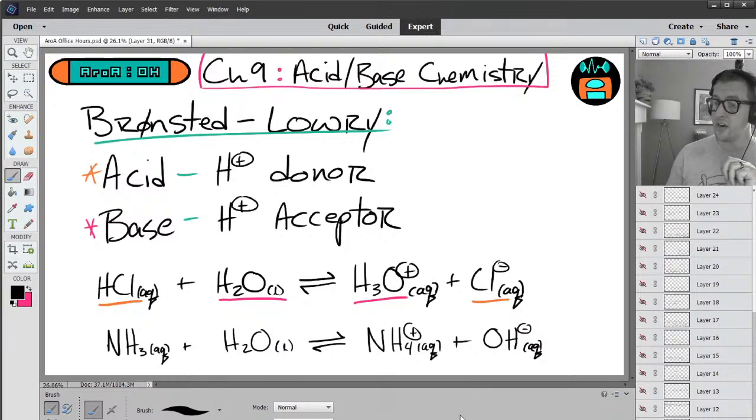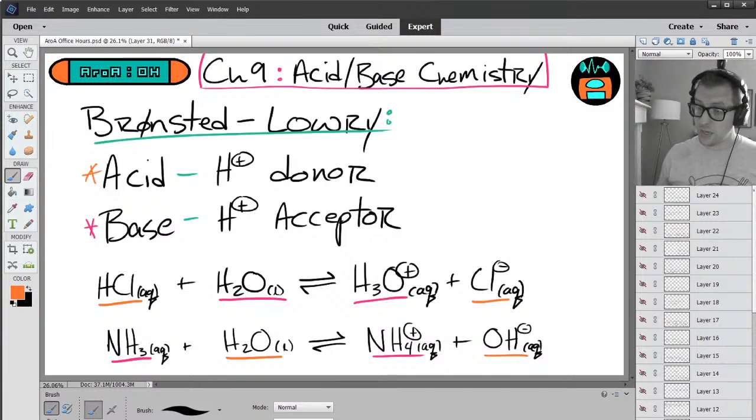Now, let's identify our acid and our base in this reaction. Well, when you look at ammonia, ammonia is becoming NH4 plus, ammonium. It's gained a hydrogen, it's gained a positive charge. So ammonia has been our proton acceptor, making it the base. When you look at water, water starts H2O, ends as hydroxide. It has lost an H, and it's lost a positive charge. So water in this reaction has been our proton donor, making it our acid.